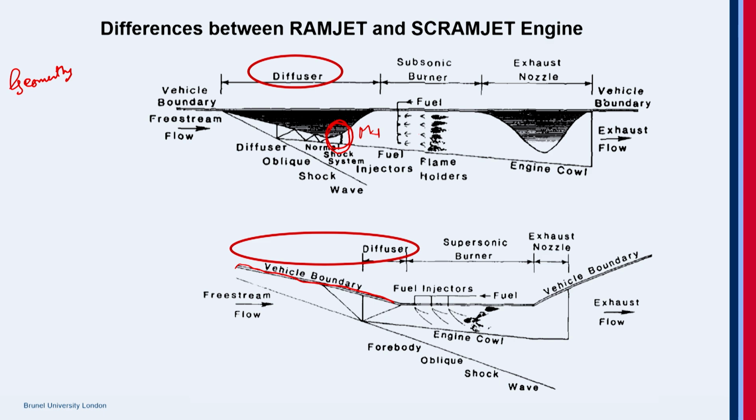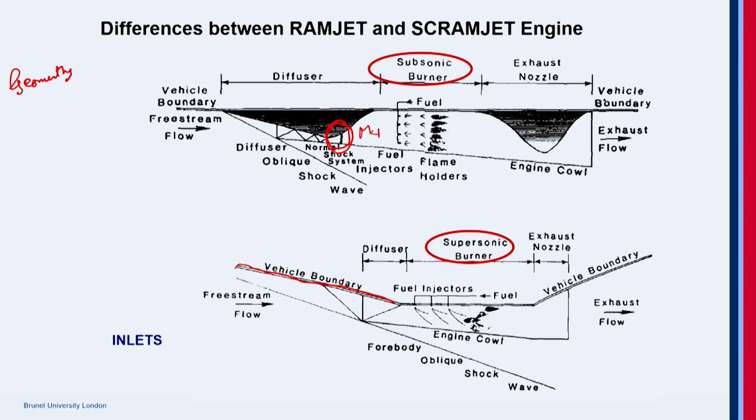And when you look at the combustion process, combustion takes place under subsonic conditions in the RAMJET, whereas in the SCRAMJET the combustion takes place in supersonic conditions.